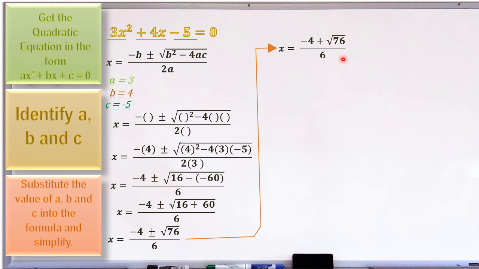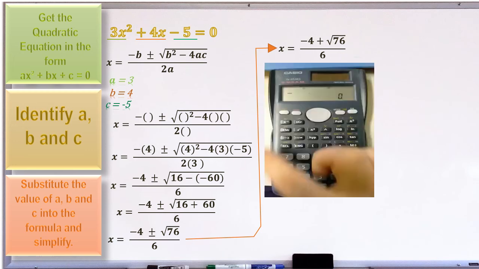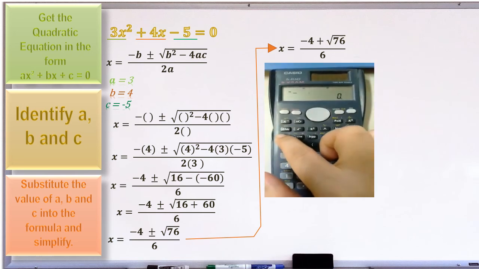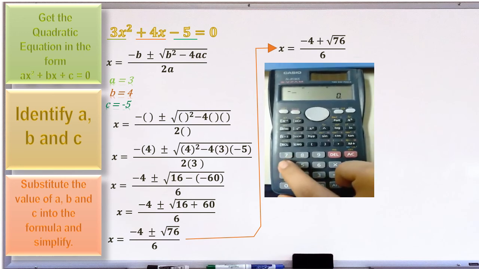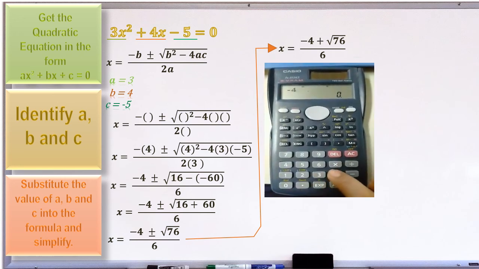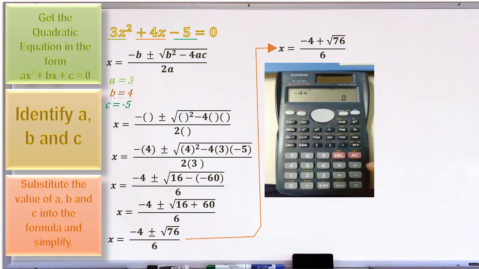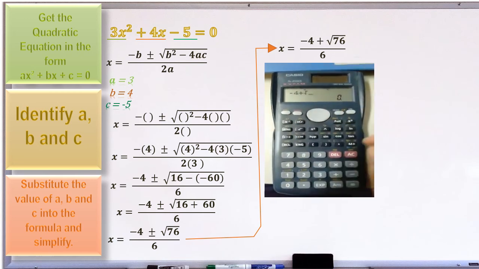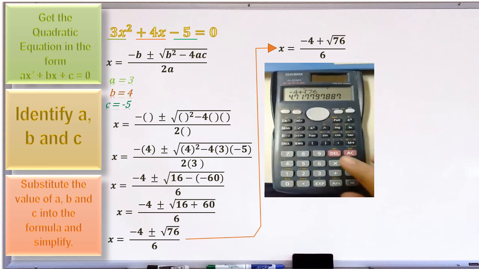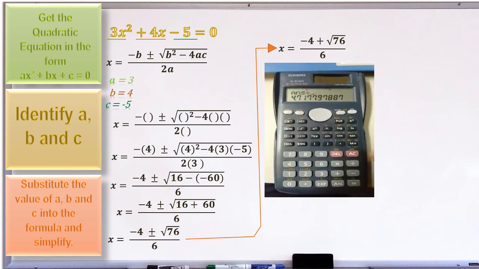So, we're going to use your calculator. Okay? So, negative 4 plus square root of 76 equal, then divide it by 6.